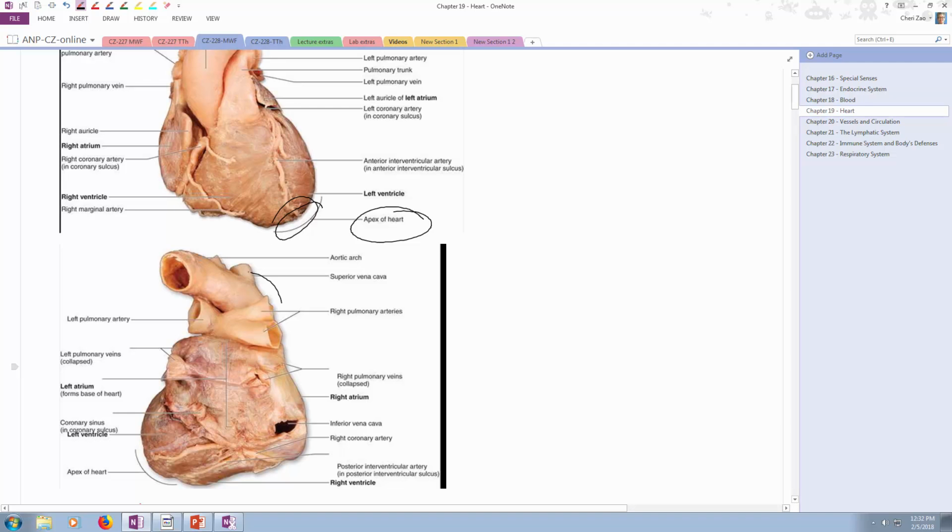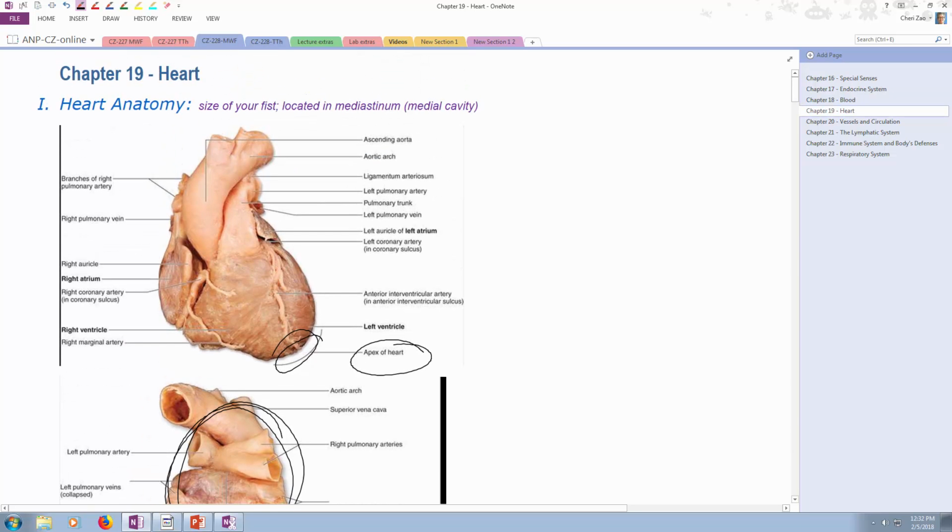And so all of this area back here is the base of the heart, more posteriorly located. Everybody wants it to be anterior, but the base of the human heart is more posteriorly located. So apex here, base back here, when you're holding on to it.